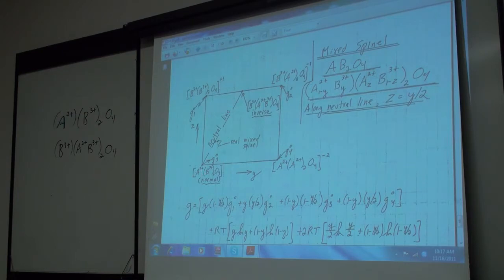As I said yesterday, when you're running FactSage, the neutral line will be taken care of, because when you enter the end members, you're entering the Gibbs energies of the 4 end members. You enter the end member stoichiometry, and you give it a charge. So you tell it that this is A3O4 2 minus, this is B3O4 plus 1, and so on.